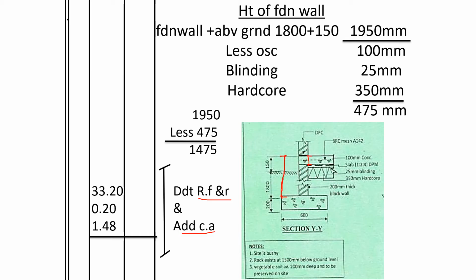We have deducted 25 for the blinding, because the foundation wall has replaced soil. It's only replacing soil where there was soil. Above the ground there was no soil, so this part, there is nothing that the foundation wall is replacing. And also up to the reduced level, because that's where this foundation wall is replacing from this part down here.